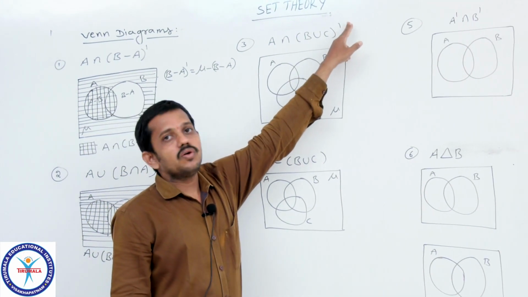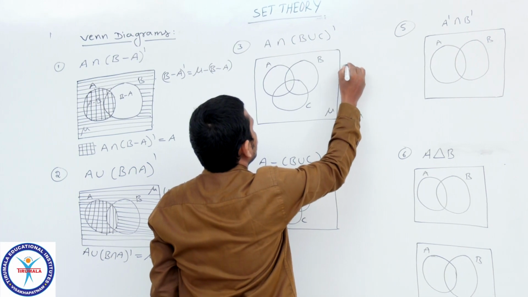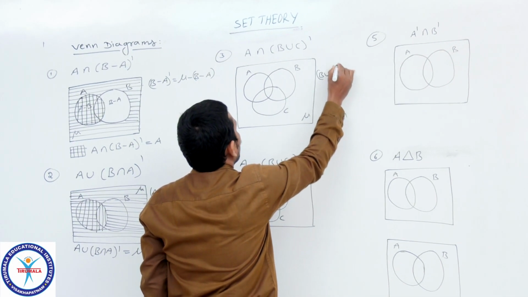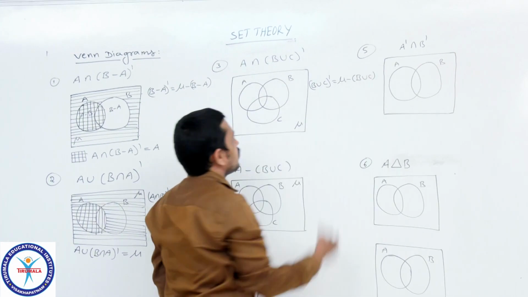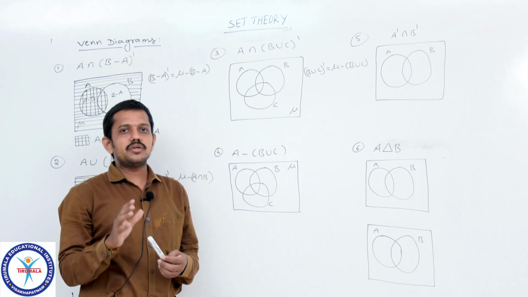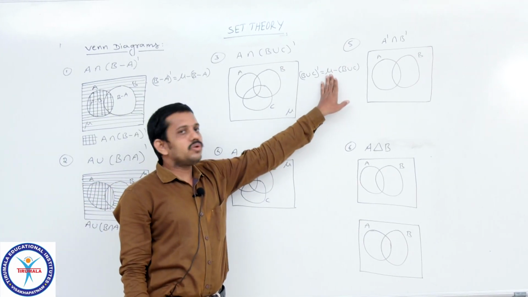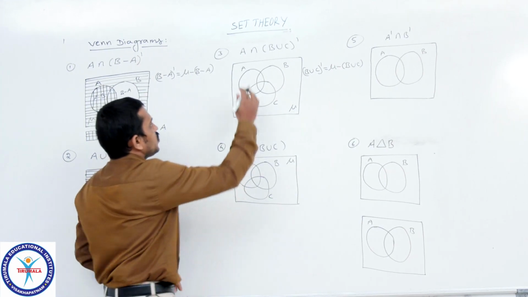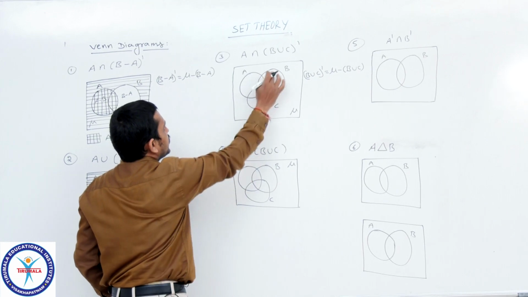(B union C) whole complement. So, what is (B union C) whole complement? (B union C) whole complement is equal to the universal set minus B union C. This means we exclude the region belonging to either B or C from the universal set region. So, this is the universal set region. From this we exclude these two regions.